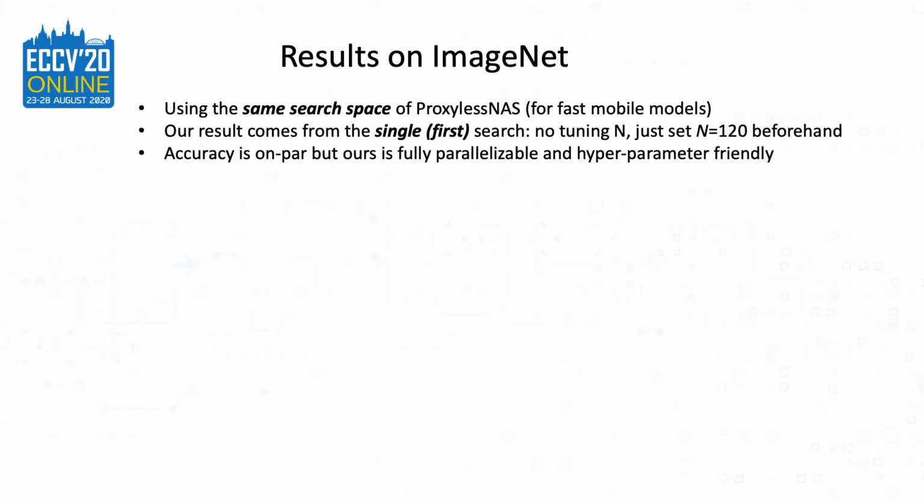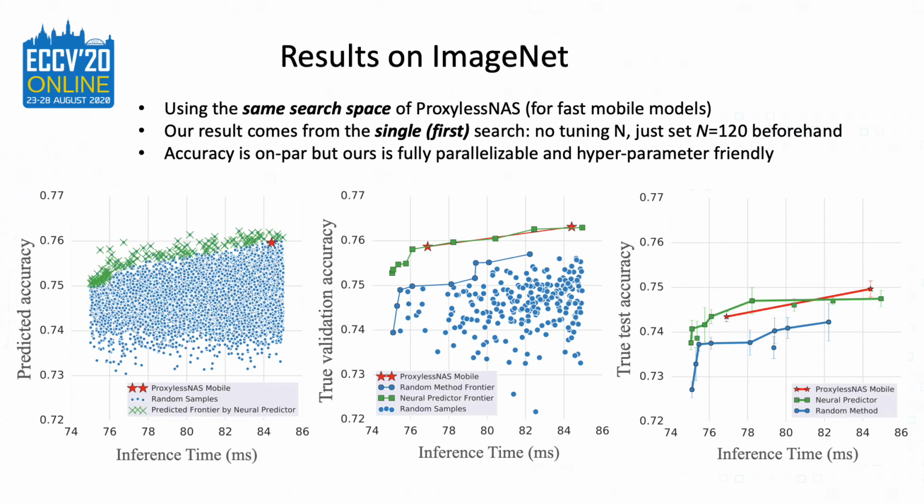Our method is efficient to scale to ImageNet. We use the same search space of ProxylessNAS, which is the near state-of-the-art baseline to produce efficient models for mobile devices. The result of Neural Predictor below was produced by our first single run. We simply set n equal to 120 based on the compute budget we had.